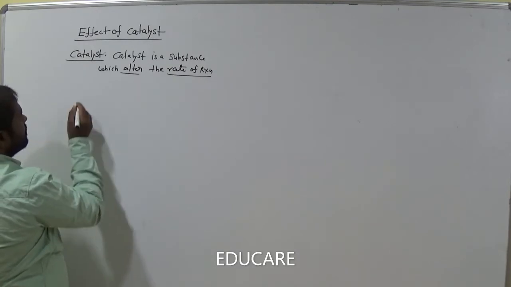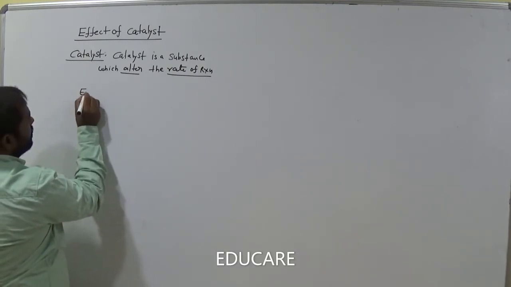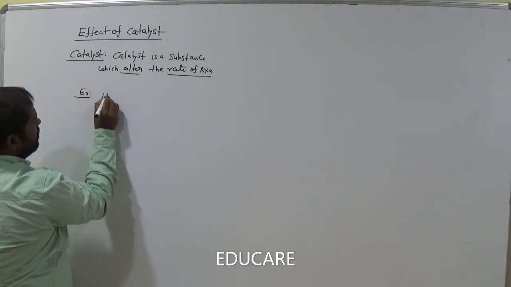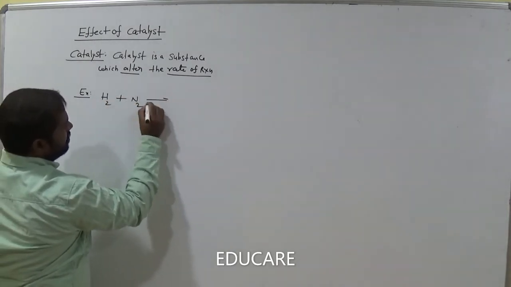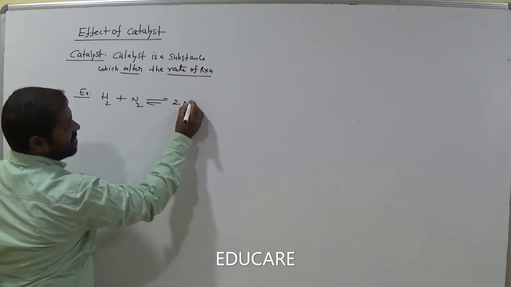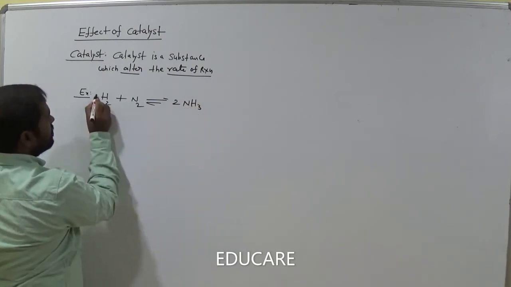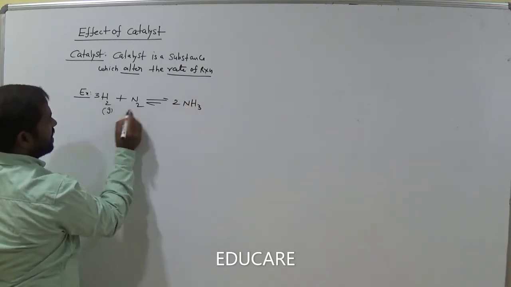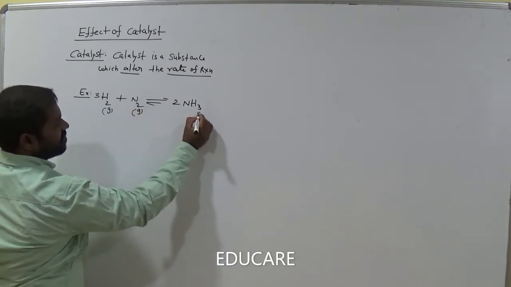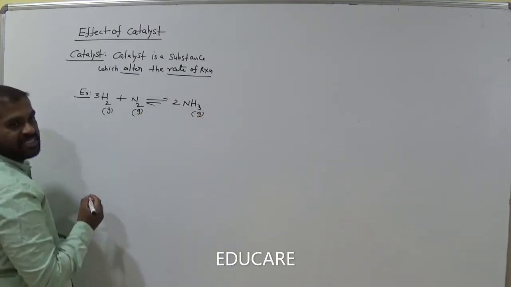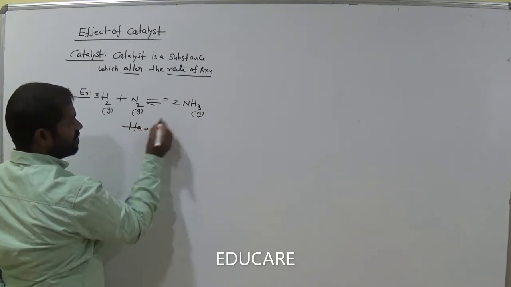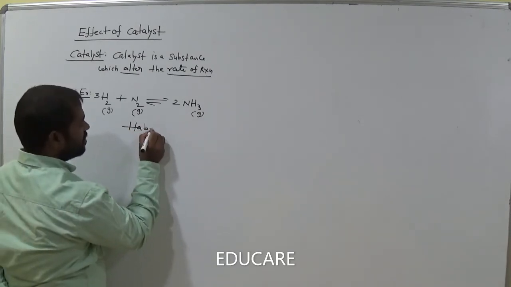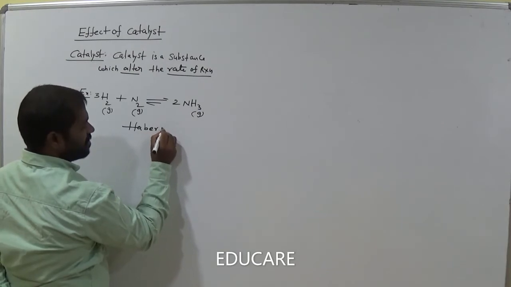For example, H2 plus N2 is reversible to NH3, both gases. It is the Haber process, you know. What is the name of the process? Formation of ammonia through the Haber process.